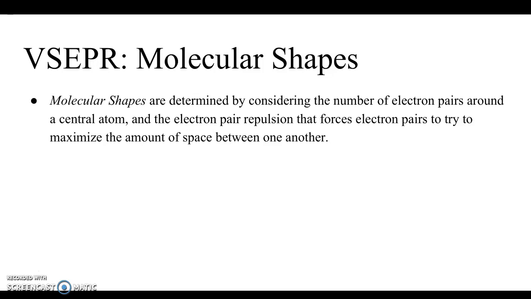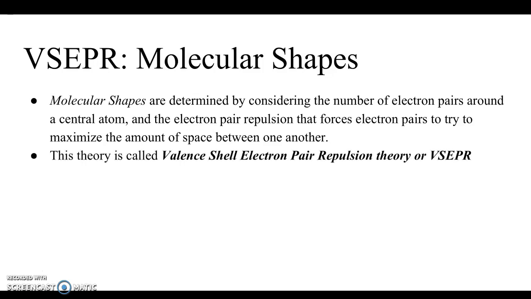We have a lot of negatively charged electrons next to each other, so there will be forces between the electrons trying to maximize the amount of space possible in between the bonds and lone pairs of electrons. Due to this repulsion, we get predictable patterns in shape.